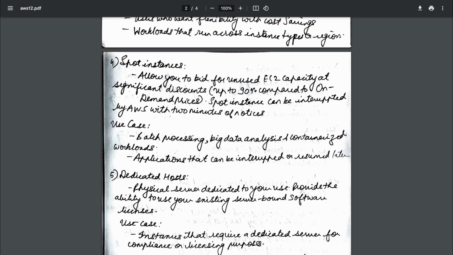But once I get a good customer who is ready to pay much greater than you, I can ask you to leave immediately. So that is the same concept that we can apply over here in the spot instances, because you are bidding here for the unused EC2 capacity, okay, and that is how you can get a discount of up to 90% on this specific purchasing option as compared to on-demand prices.